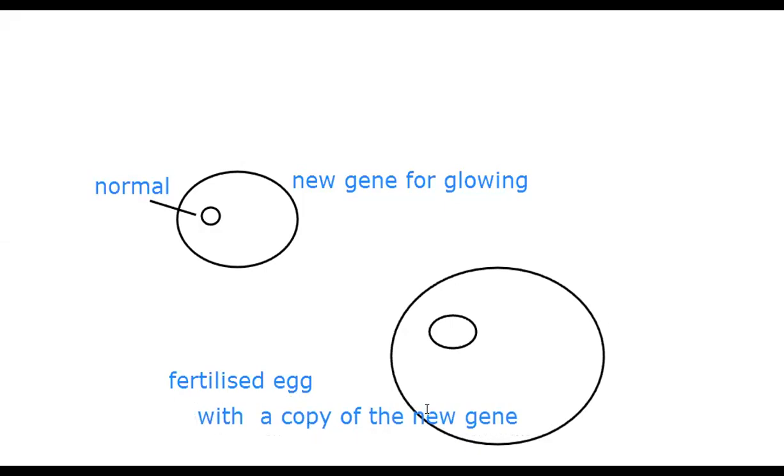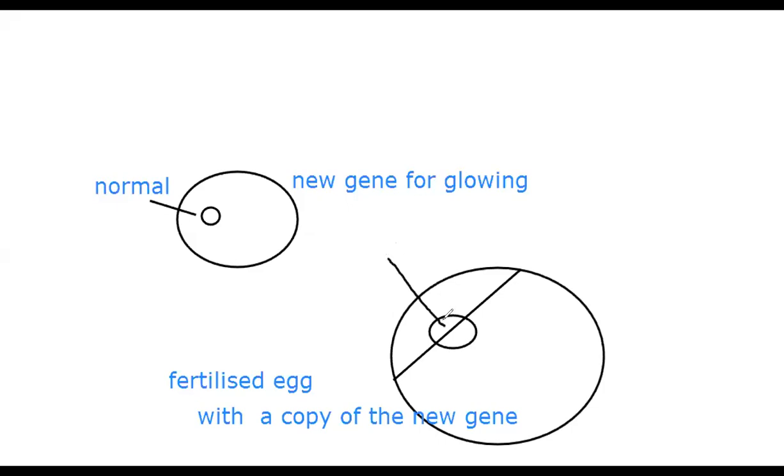When this fertilized egg starts to split into more than one cell, what will happen now? What will we get? Let's say it splits in two cells. Identical twins? No, not identical twins. They are dividing to have more cells and become an embryo.